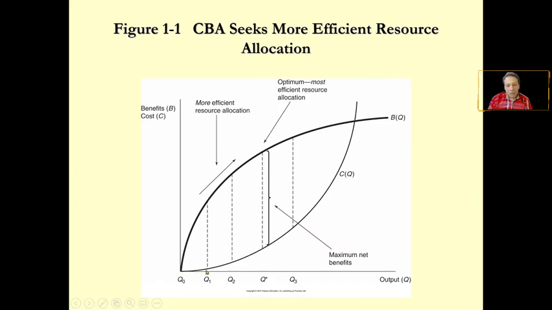Yes, costs are increasing up until a certain point, say here where we have the highest net benefit. From this point, the net benefits are actually getting lower, as the costs are increasing more and more, and that is actually making less efficient the resource allocation.